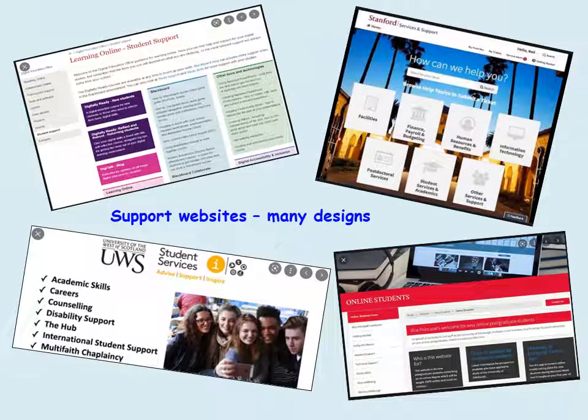And indeed, there are many different designs of student support websites, and it's worth looking at as many as possible to find ones that might make good examples. But basically, I think a good support website should contain the following things.